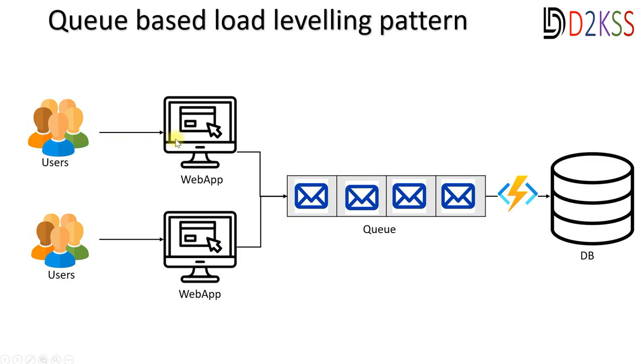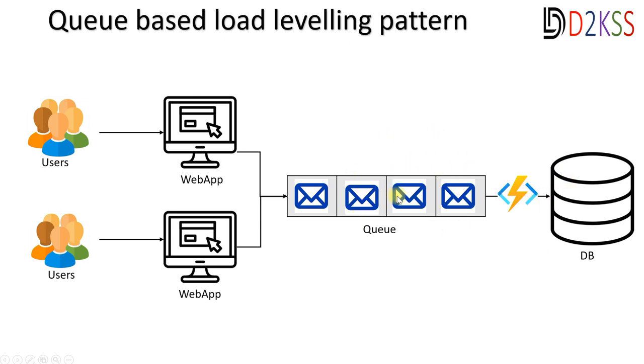What will happen is, when users try to access this web application, whatever data they are modifying will be written into the queue, and that data will be processed by Azure Functions and inserted into the database.